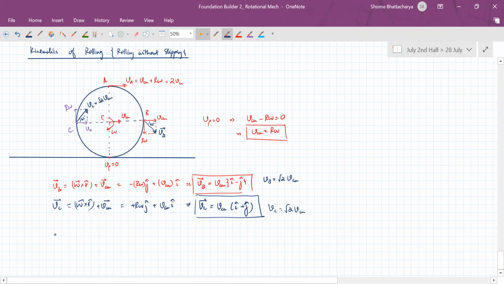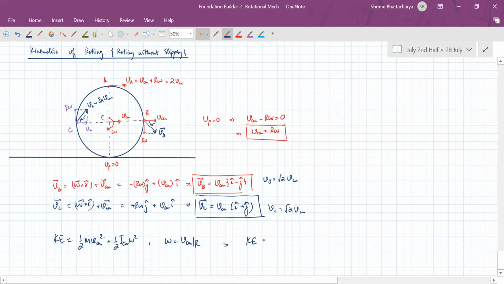And the other thing is the kinetic energy. So in this, we'll apply the no slipping condition.